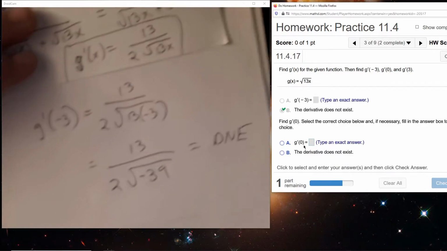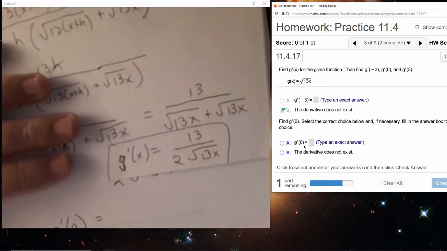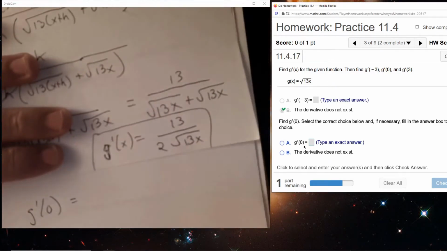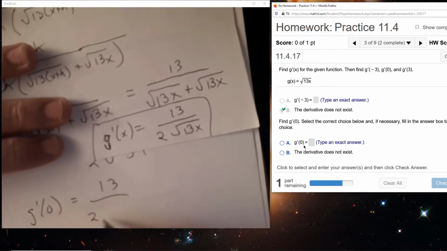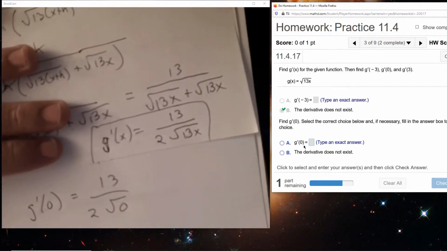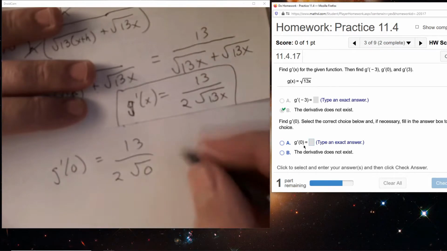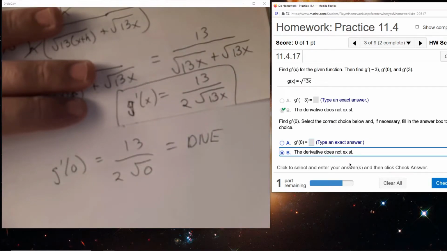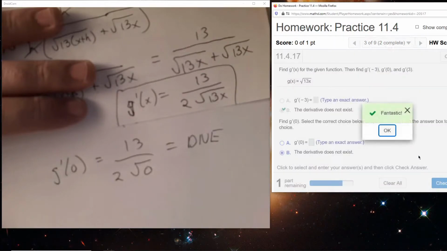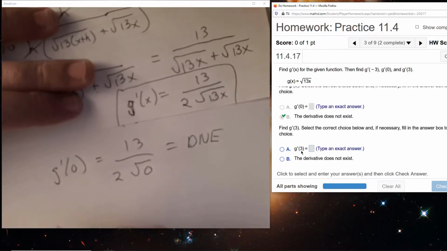And now they want us to check out g prime of 0. So plugging 0 into our derivative, again, we have another problem, division by 0. That's a failure. This derivative does not exist. And then finally, we have g prime of positive 3.